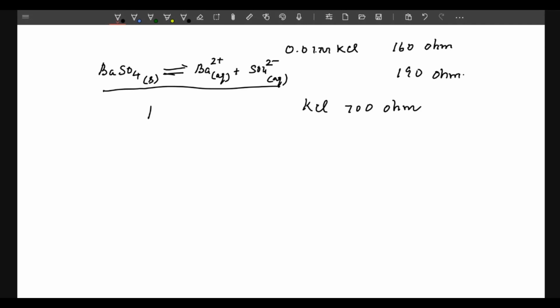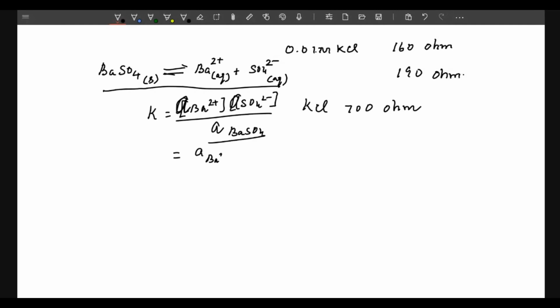And for the equilibrium constant, we are writing this as barium 2 plus ion concentration into the sulfate ion concentration divided by the activity. Generally, in solubility calculation, you should put the activity of the ions by the activity of the barium sulfate. You know the activity of the solid substance is 1. Here, activity of the barium ion into activity of the sulfate ion.